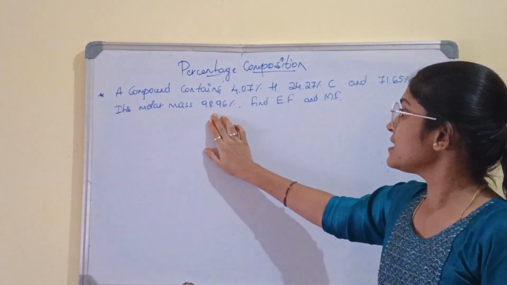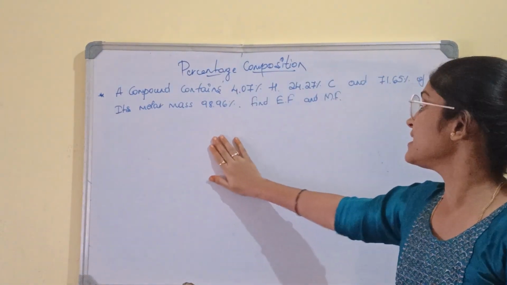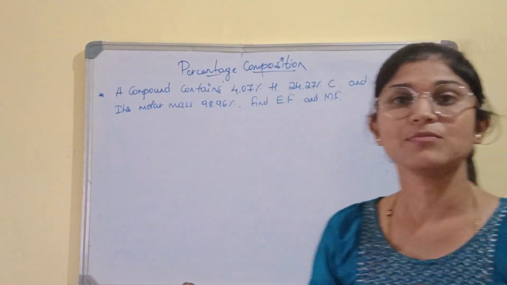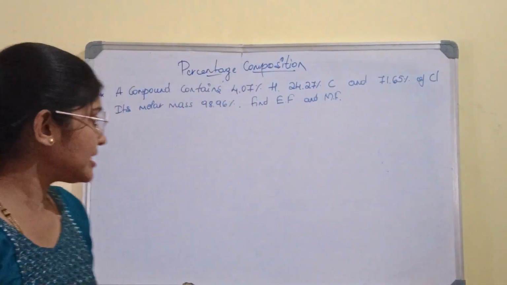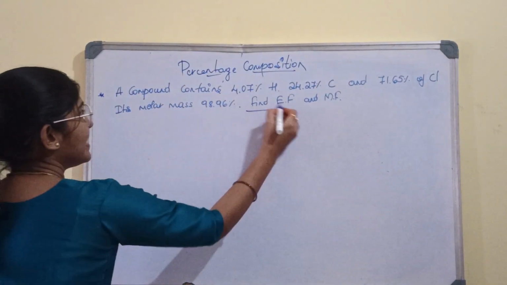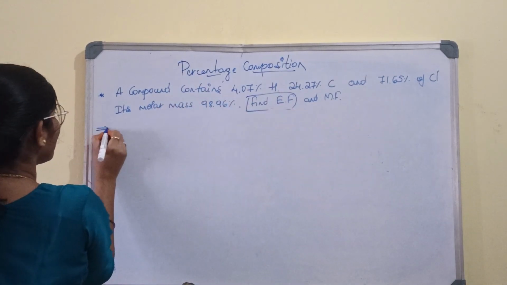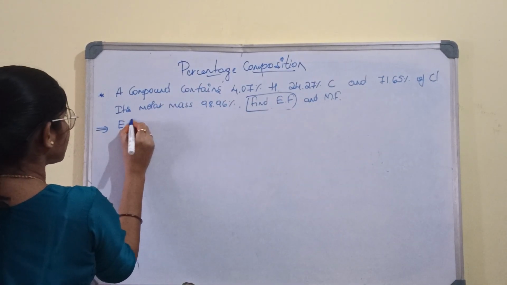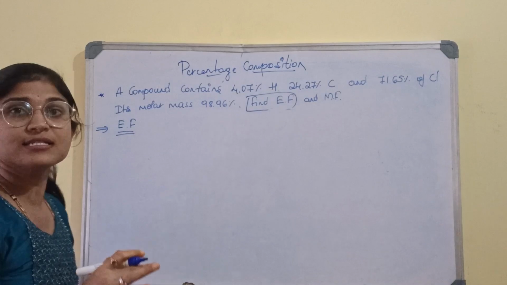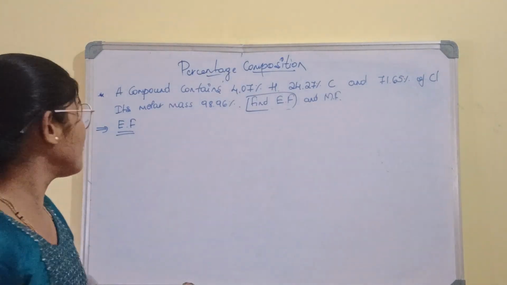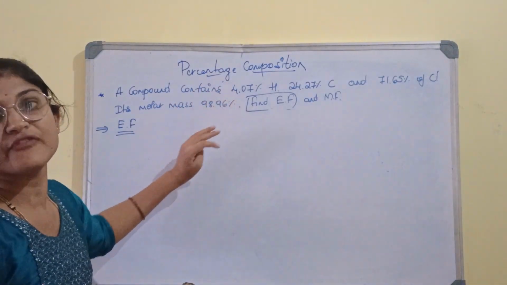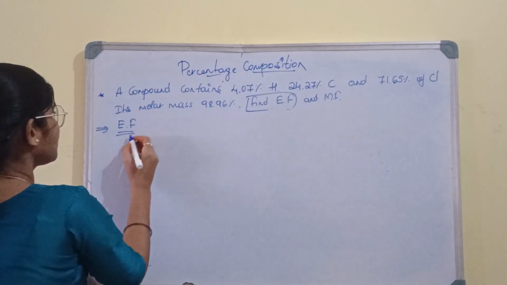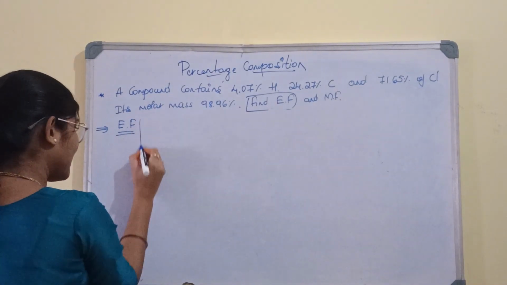Its molar mass is 98.96. Find the empirical formula and molecular formula. So first let us find the empirical formula. What things are required, and what have they given? First we note it down. First make one table.